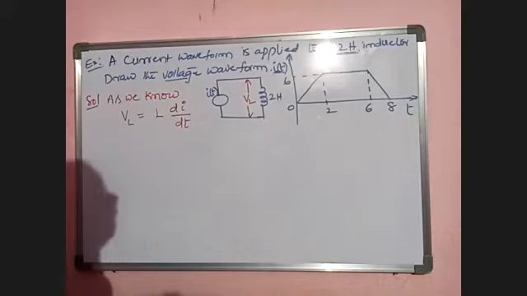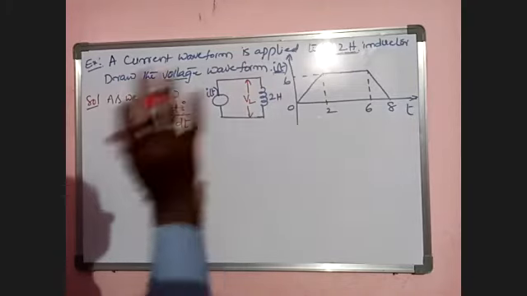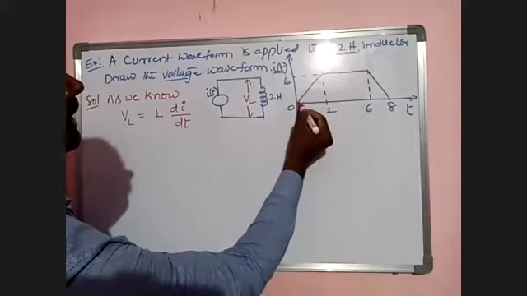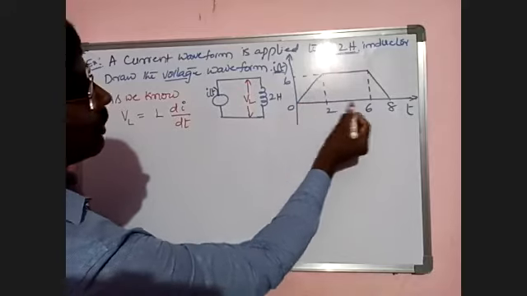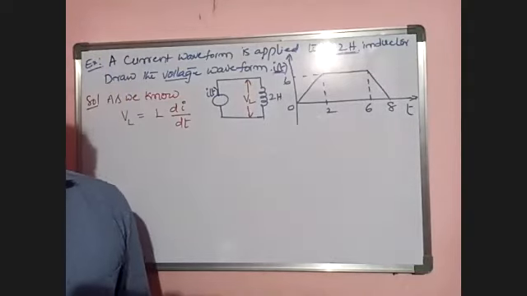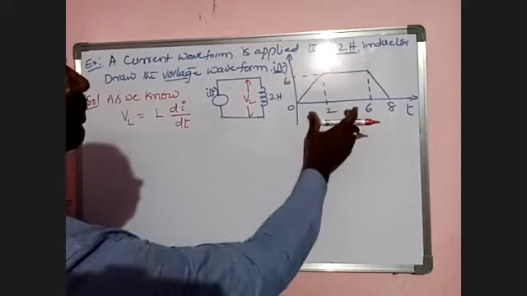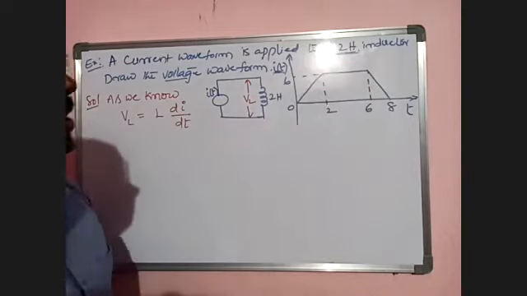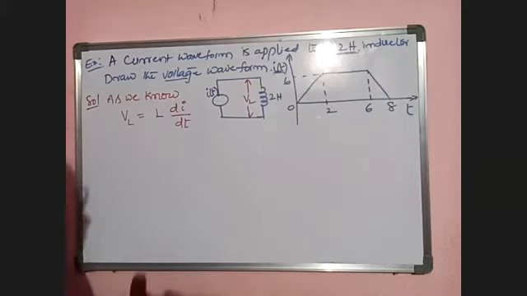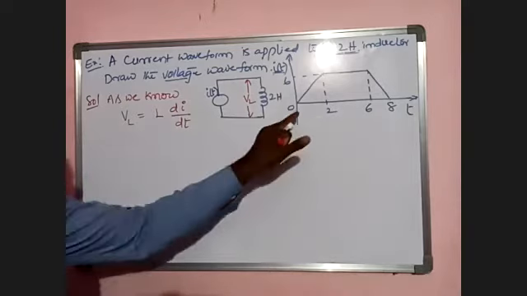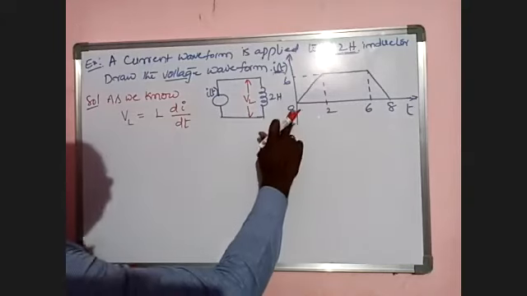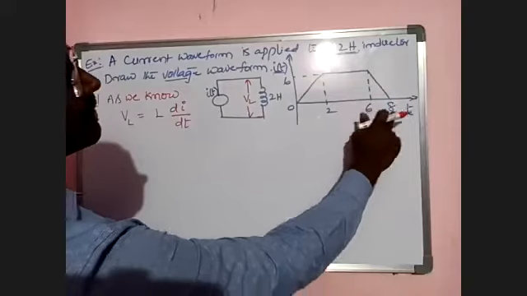So from 0 to 2 it has a linear slope, from 2 to 6 it is constant, and 6 to 8 again it has a constant slope. So you have to divide this input into different linear portions: 0 to 2, 2 to 6, and 6 to 8.